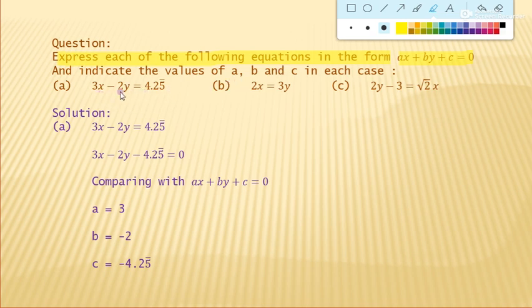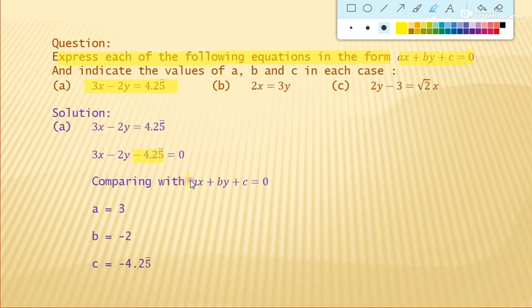Okay, so now I am going to take the first part of this question, 3x minus 2y is equal to 4.25 bar. First of all, we have to write it in the form of ax plus by plus c. So you can see here 4.25 bar is on the right hand side, so we have to take it from right to left. Okay, so it becomes minus 4.25 bar.